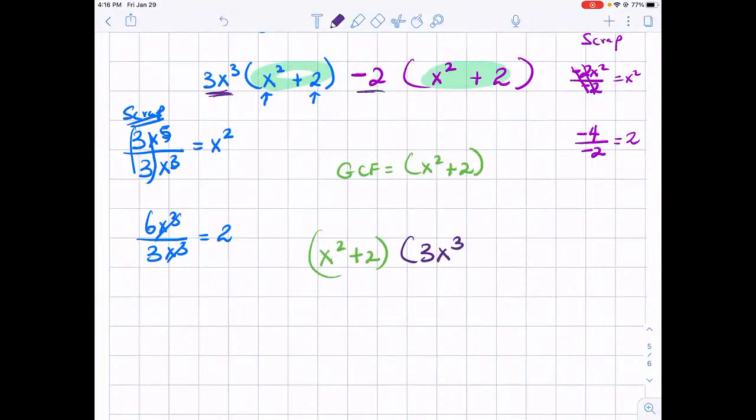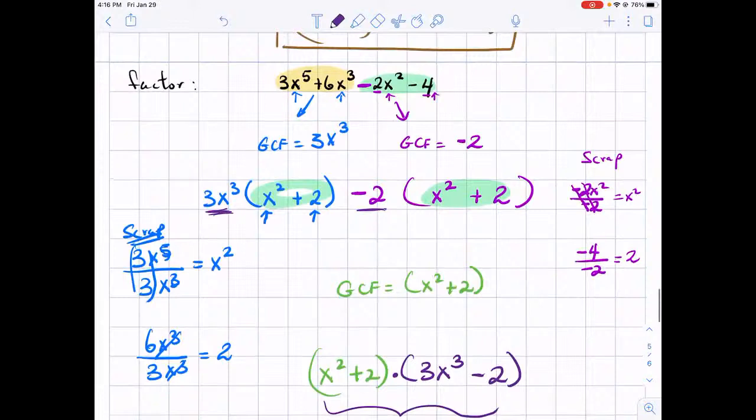And then you'll have a minus 2 left. And here are your factors of that polynomial, as a product. Once again, factoring is a product. And if you multiply these two guys, you will see that you will end up back with this polynomial.